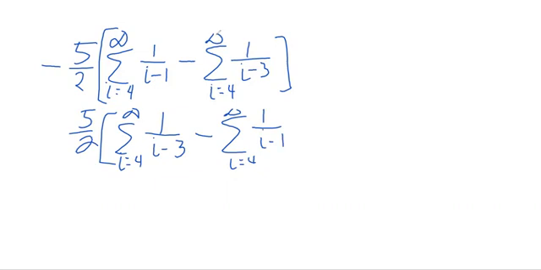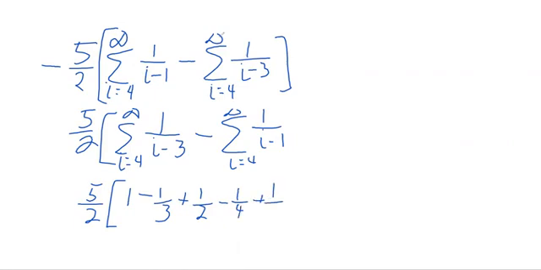Okay, so once I get to that, I just know once I start breaking out actual values, I'm going to get a 1. I'm going to get a 1/3. And then I'm going to get a 1/2 minus a 1/4.